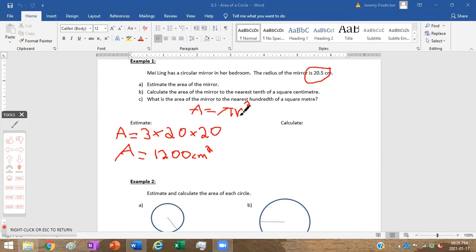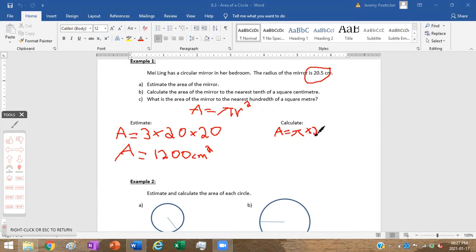All right, so area is equal to pi r squared. Now this is for part B: calculate the area of the mirror to the nearest tenth of a square centimeter. Okay, so area is equal to pi. I'm leaving this as pi here. Mathematically, this is a number. If you'd rather rewrite it as 3.14, by all means do that.